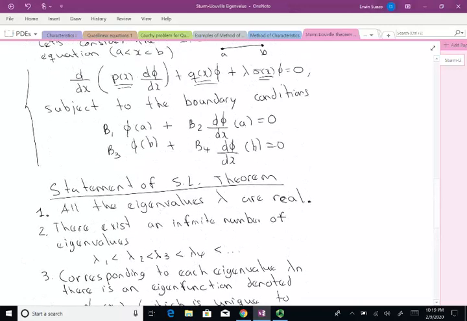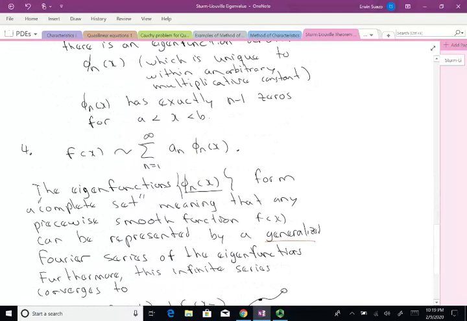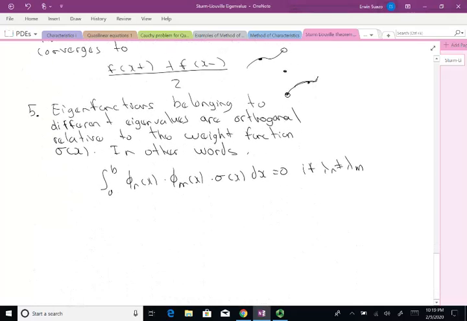They just have to solve the equation, and if they can solve it, they will find all of this for free. So that's the Sturm-Liouville theorem.